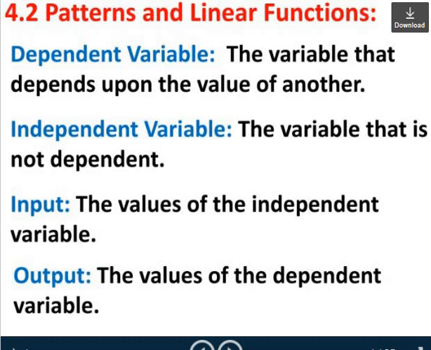But first, let's remember together what we have said about dependent and independent variables. A dependent variable is a variable that depends upon the value of another. It means its value is changeable according to another value, okay? While an independent variable, from its name, is a variable that is not dependent.